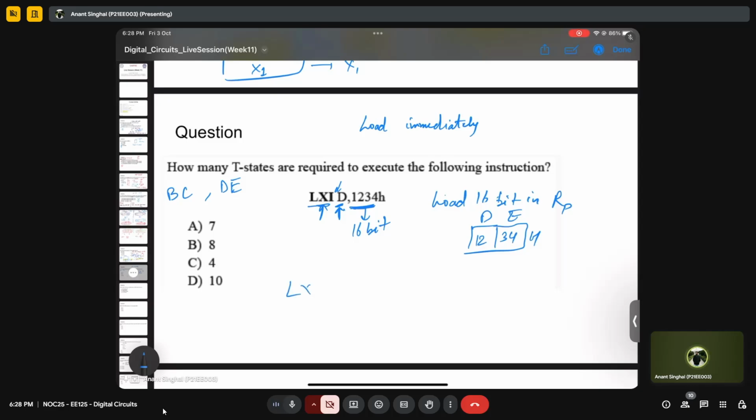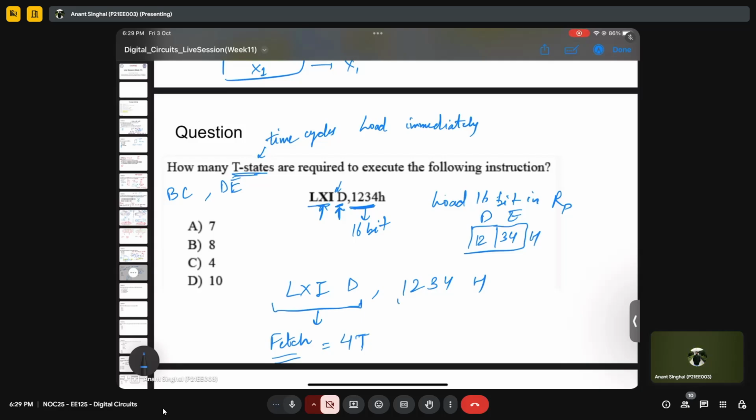If I try to say, it asks how many T states. T states means the total time cycles. So LXI is 1, then D, then 1, 2, 3, 4, and then we have H. First of all, as I already told in the last class, we first fetch the data. In fetching, we require 4 T states.